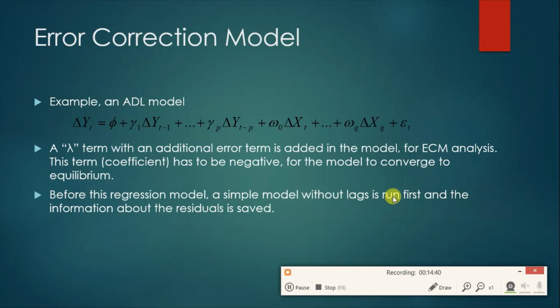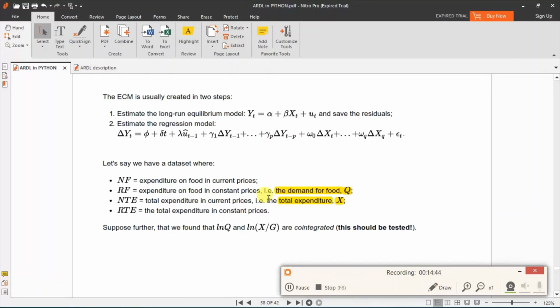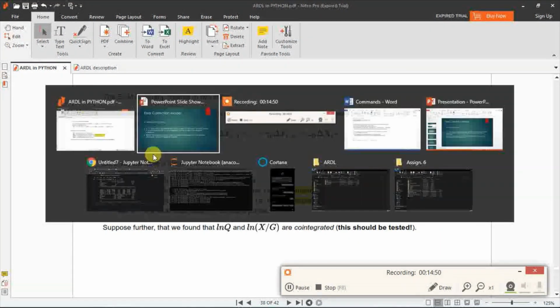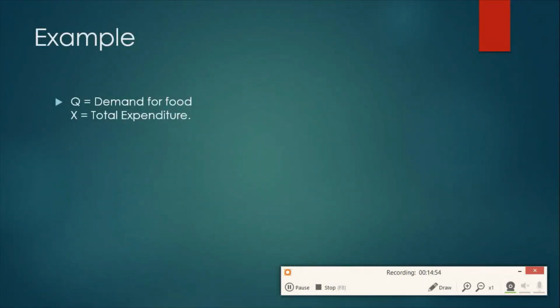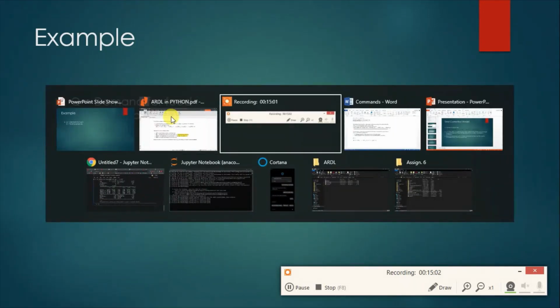So here there are no lags involved, and then the other model that we already mentioned is run. We take an example where Q is the demand for food and X is the total expenditure.